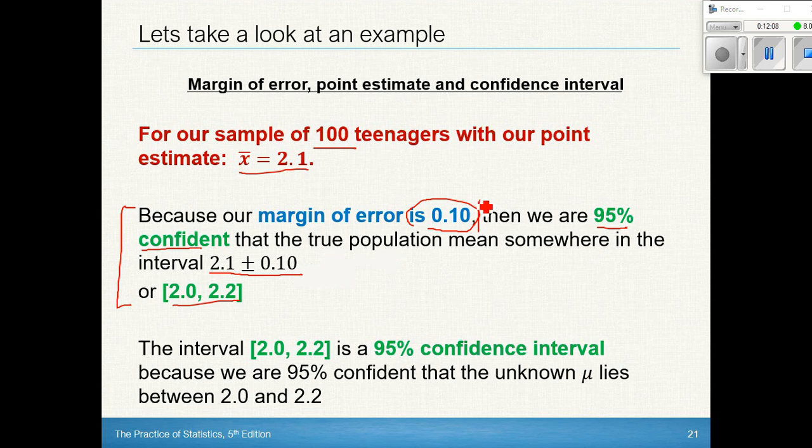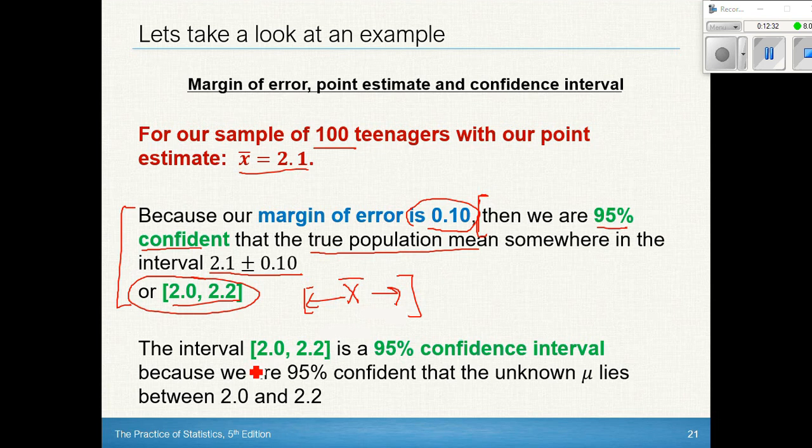Starting at this point right here, we are 95% confident. We're not 100% sure because we haven't gathered our whole curve, but we are 95% confident that the true population mean is going to be somewhere in this interval that I created. I took my sample mean, gave myself some margin of error above and below, and I'm 95% confident that it's going to be in that interval.